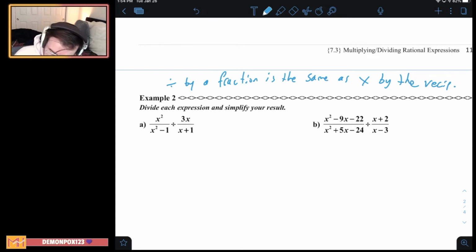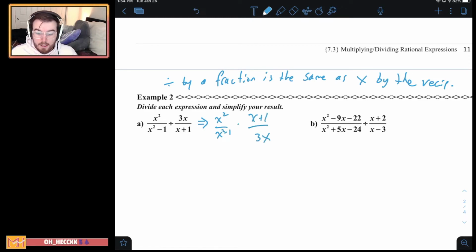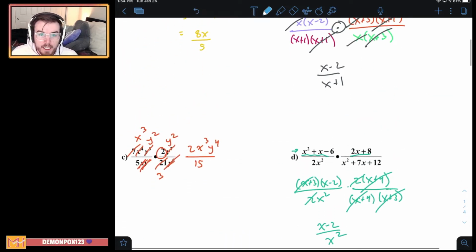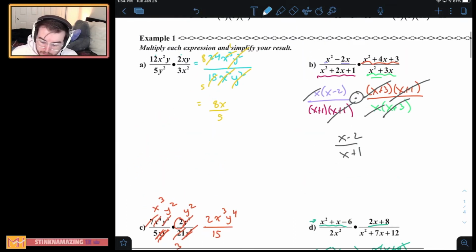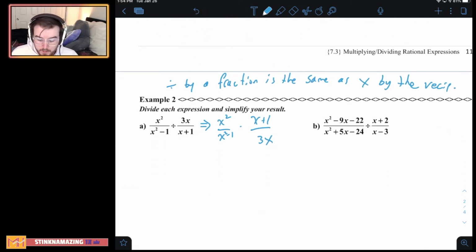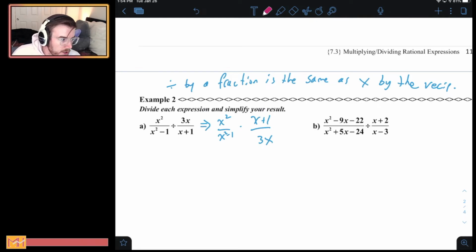So with that being said, that means this is the same thing as... And now this problem is just another multiplication problem. I kid you not, right? Dividing is the same thing as multiplying by the reciprocal. So what I was just doing for these 4 problems is the exact same thing I'm going to do for these problems. So I'll do one more just for good measure, and then I'm going to start to ask you some questions.